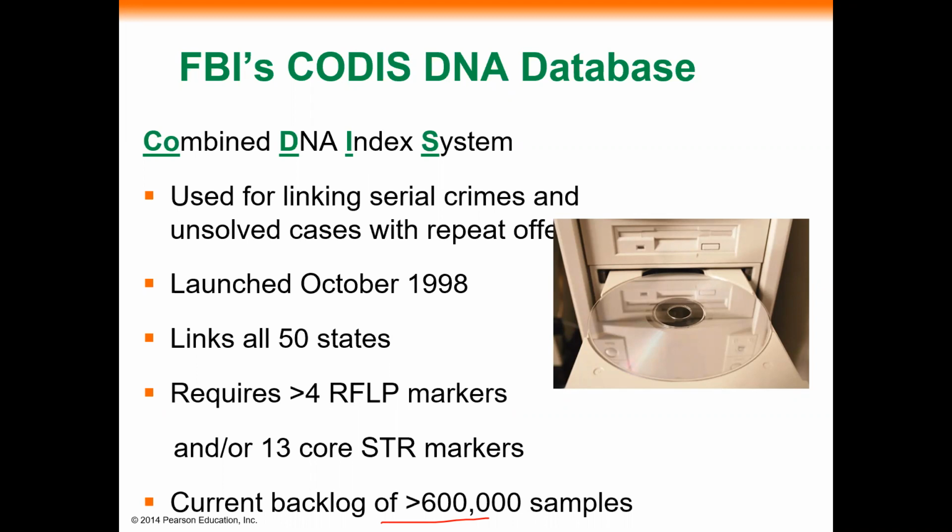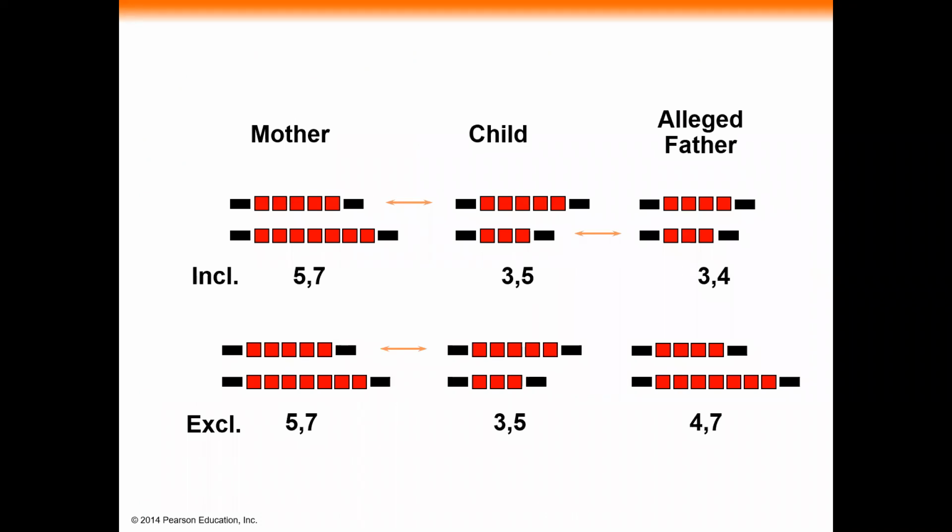I just stepped back a slide here, because I wanted to talk about that one before we came back to here: these things called restriction fragment length polymorphisms, or RFLP.